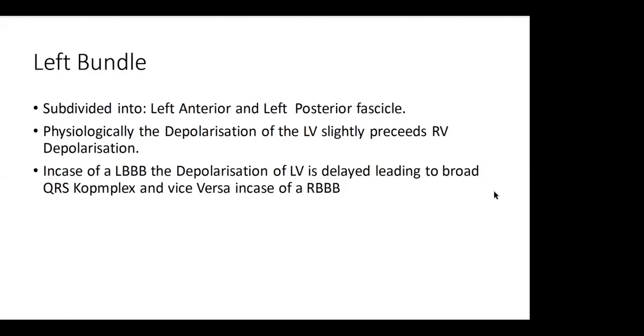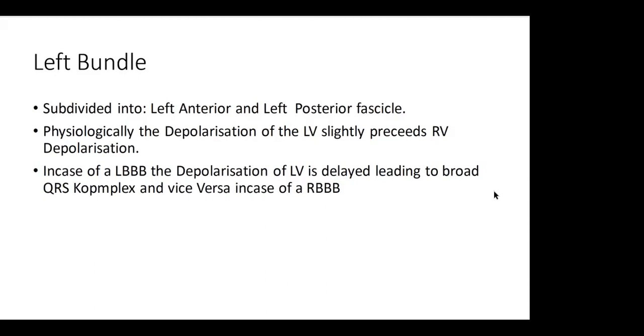When you have a delayed depolarization, I'll take you back to the morphology of the QRS complex. If the depolarization is delayed, it changes the morphology of the QRS complex as we know it. I told you before that we need to acquaint ourselves with the timing.